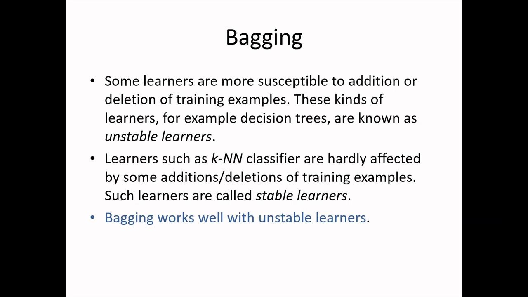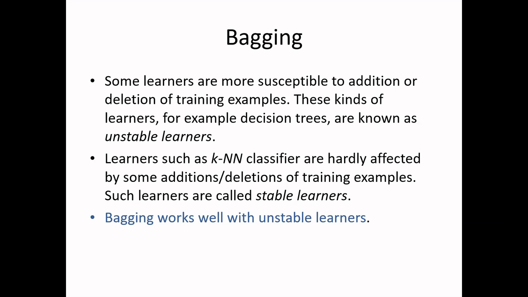That means KNN is not very sensitive to a few training examples being added or removed. So it is a very stable classifier. It is not a weak classifier. It is not susceptible to small changes in your training set.